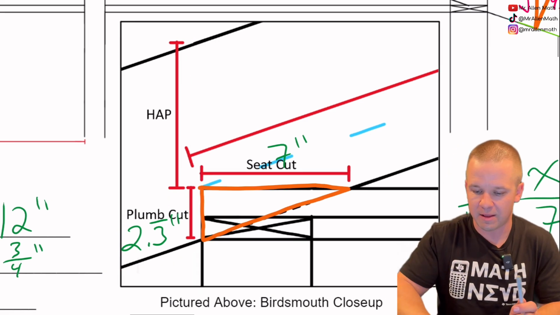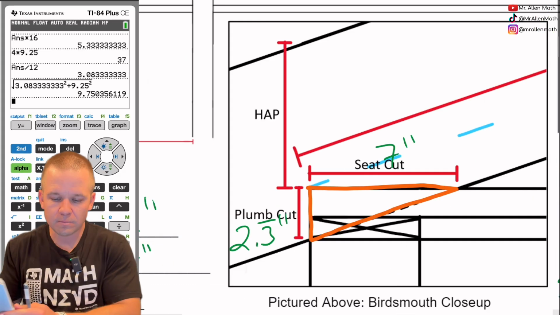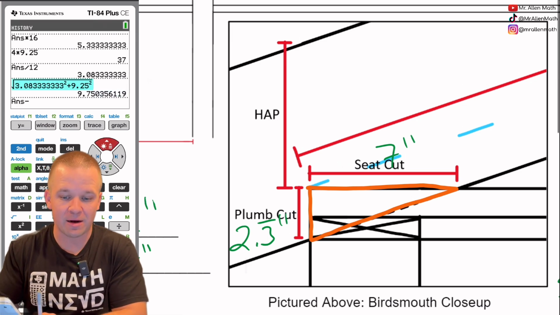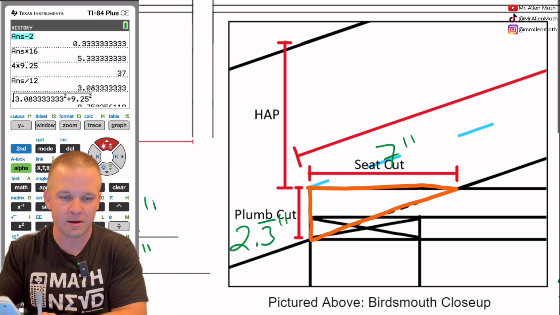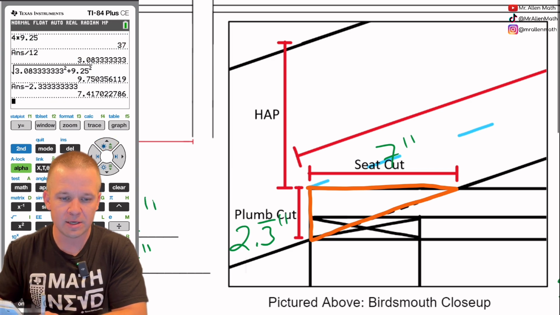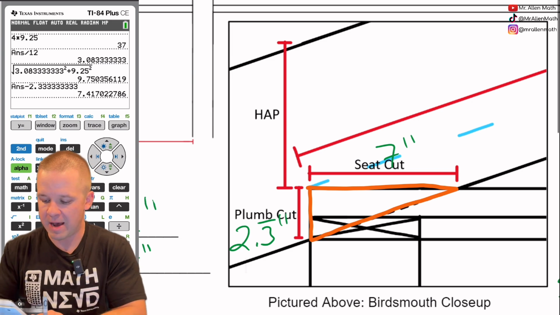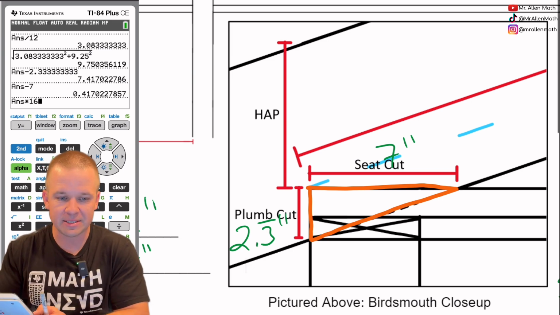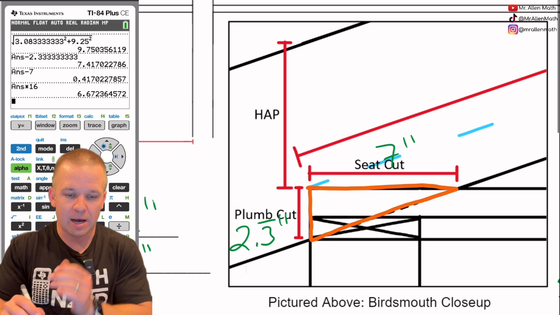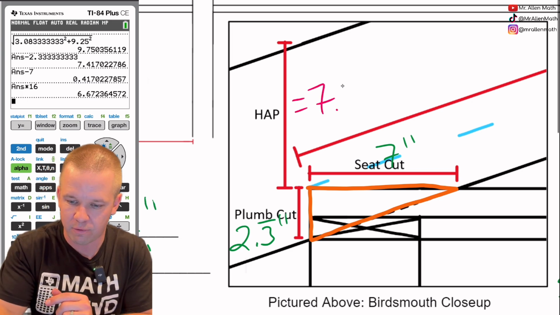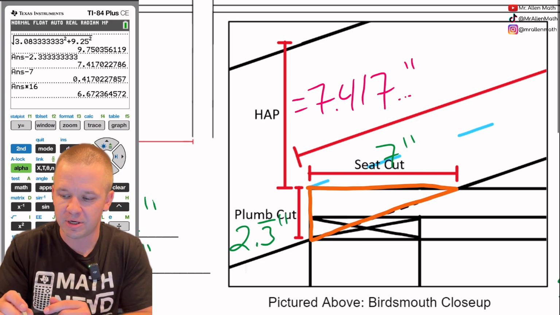Let me get all that scribble out of there. Pull the calculator back up. I will have the 9.75 minus, I can arrow back up and get my 2.3 repeating somewhere up here. Boom, there it is. That is my hap, okay? So right off the bat, I'm going to subtract 7, multiply by 16 to get 16ths. But I'm going to write down the 7.417 equals 7.417 and change inches.